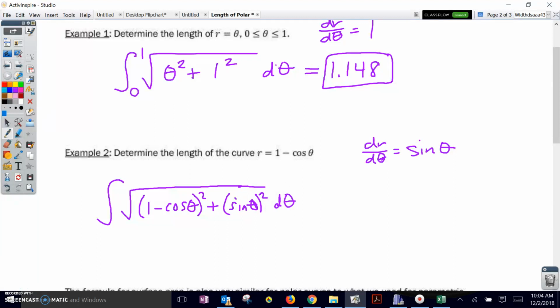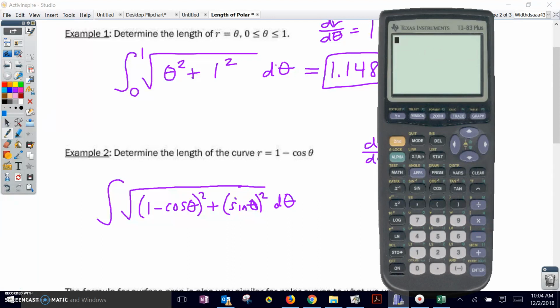And now we need to figure out what our limits of integration are going to be. So we'll look at the curve r equals 1 minus cosine of theta. I graph it from 0 to 2 pi, and that looks like we've got the whole curve when we do that.